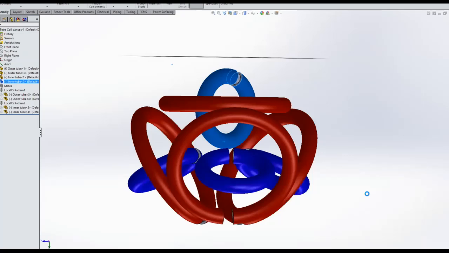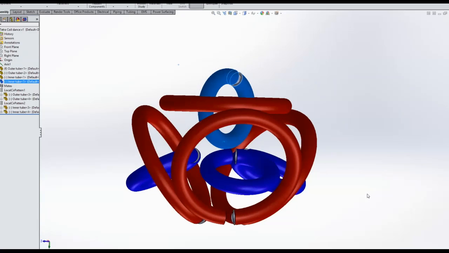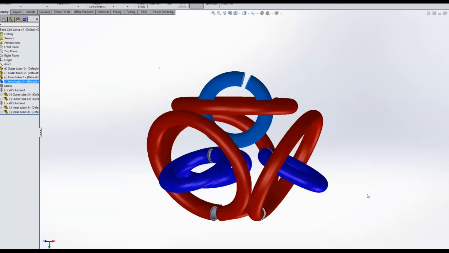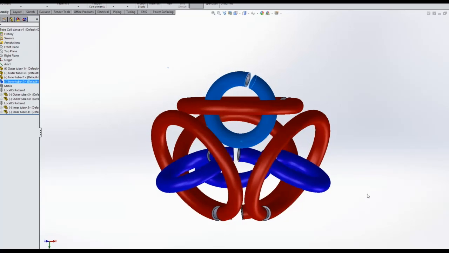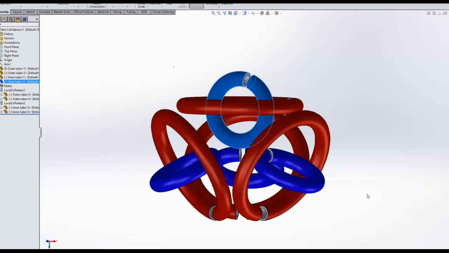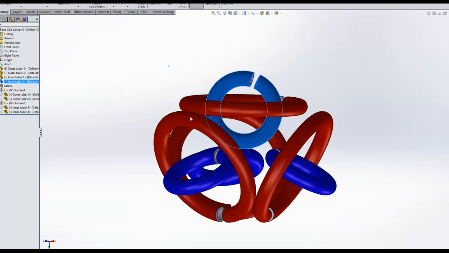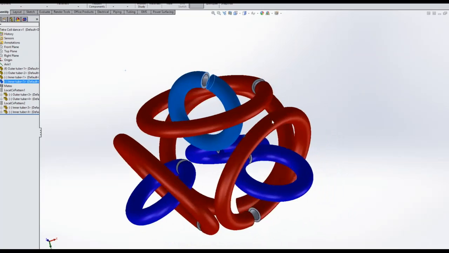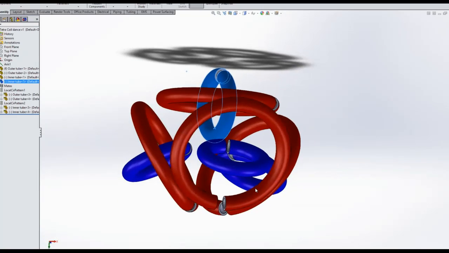And the nice thing is that the structure itself will provide a very nice base. Should be quite stable when it's sitting on the table. Yeah, if you tie these red coils together where they're closest, it will be self-supporting.